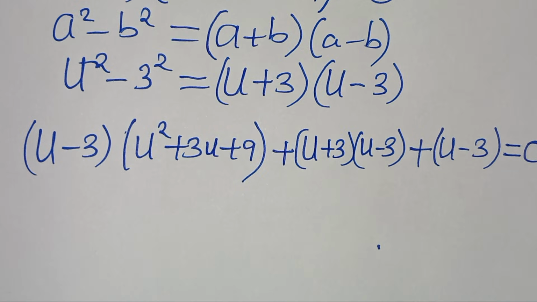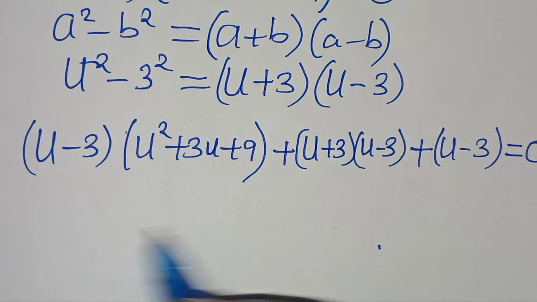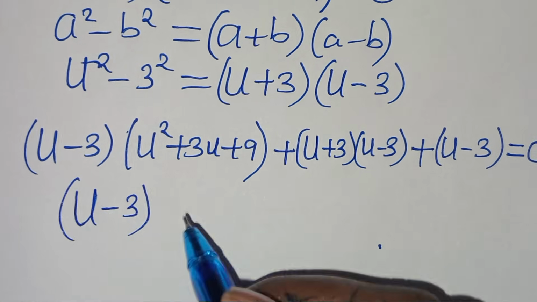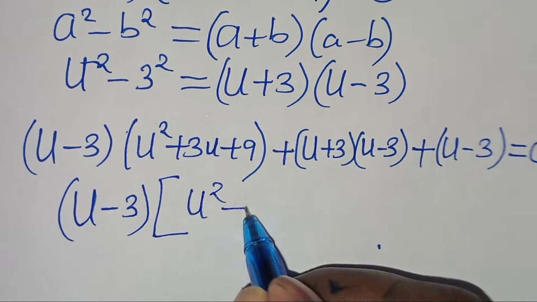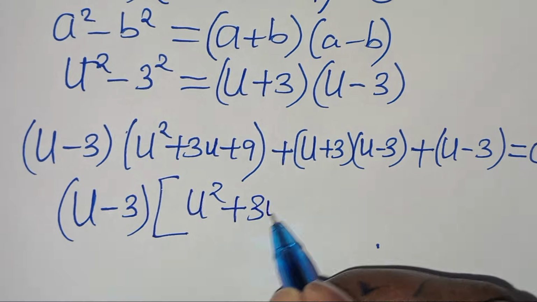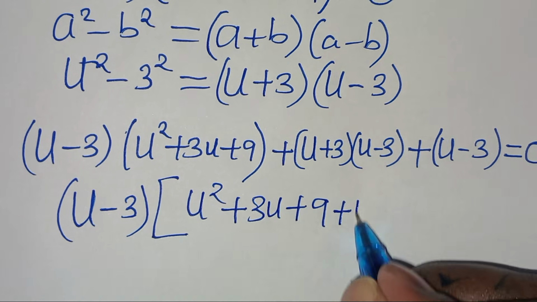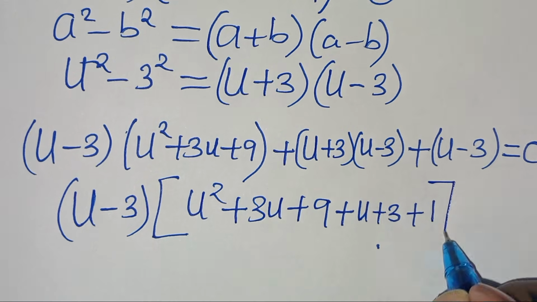So as you can see here, u minus 3 is common here. So we can factor out u subtract 3 into the parentheses. This is u to the power of 2 plus 3u plus 9, then plus u plus 3, then plus 1, close the parentheses.